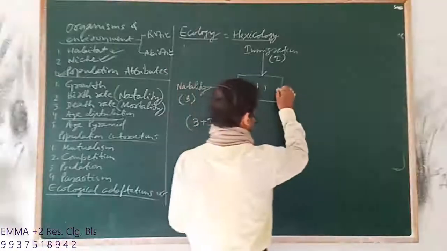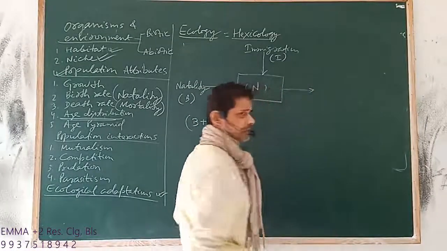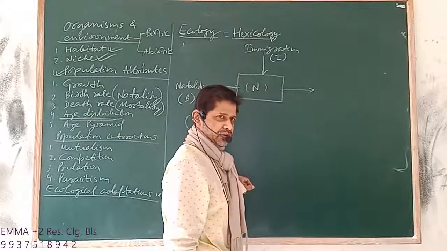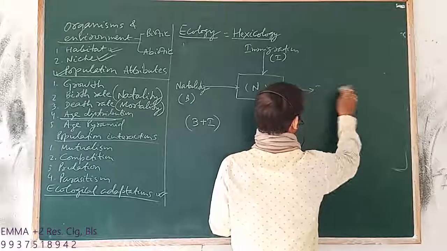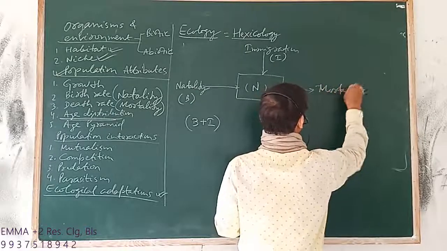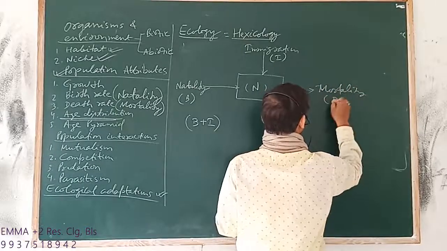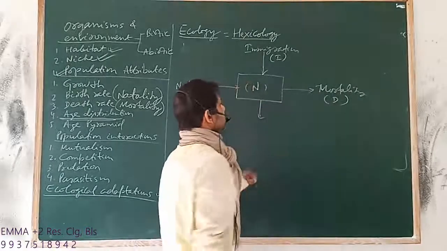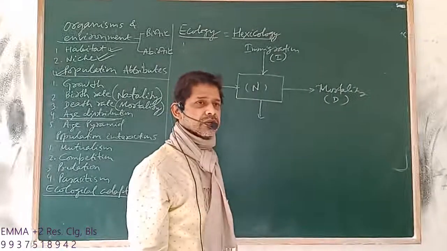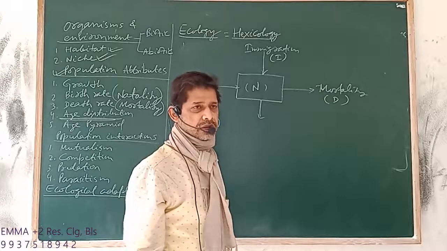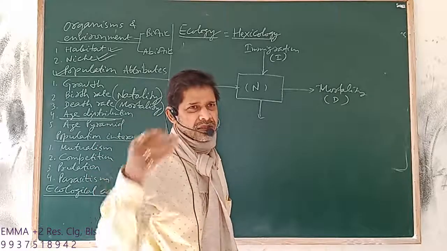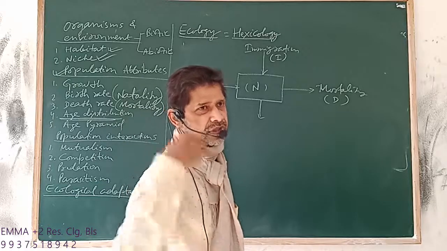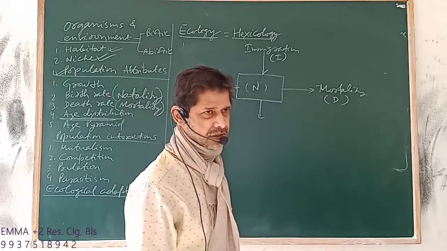And the organism number will reduce due to death, means mortality, symbol D, or some individuals got some work outside, that's why they migrated to USA.